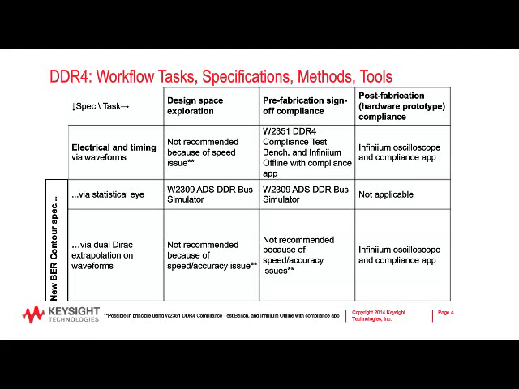The next step is what we call pre-fabrication sign-off. This is just before you tape out your PCB or chip. You want to do a full compliance run on the simulated design in order to maximize the chance of the prototype coming back functional. And then the last step, in the right-hand column, is post-fabrication compliance of the hardware prototype as part of a lab test bench, where you use your oscilloscope to actually measure the prototype.